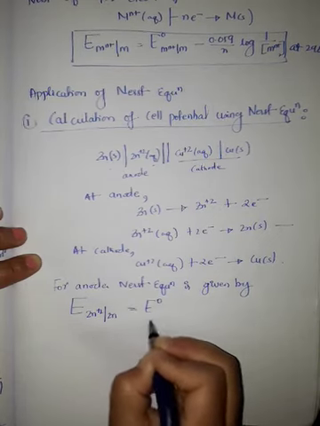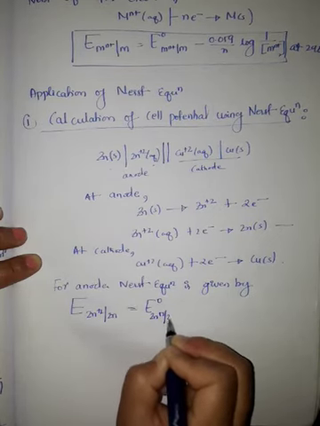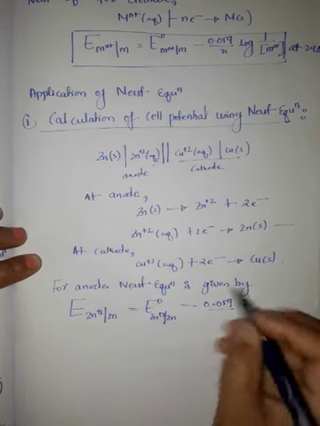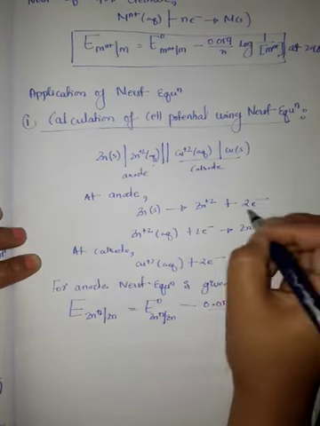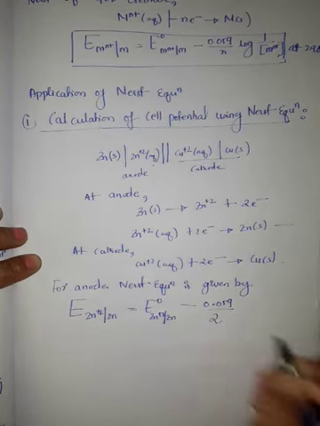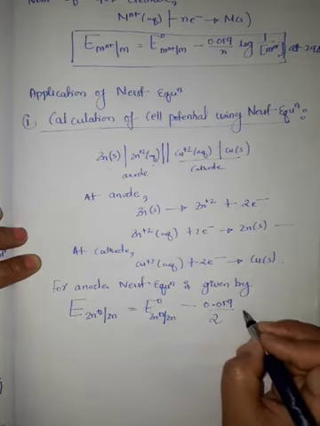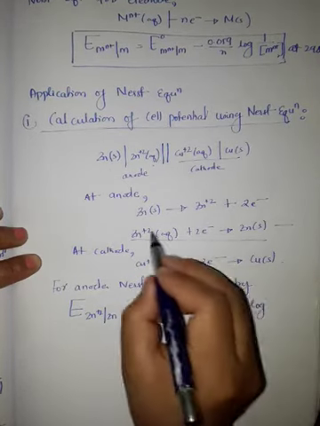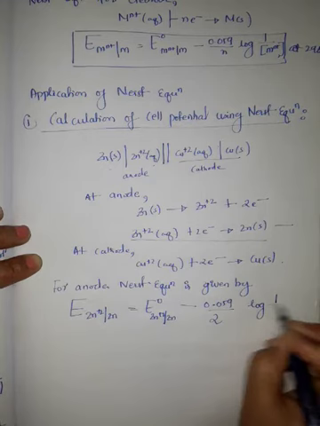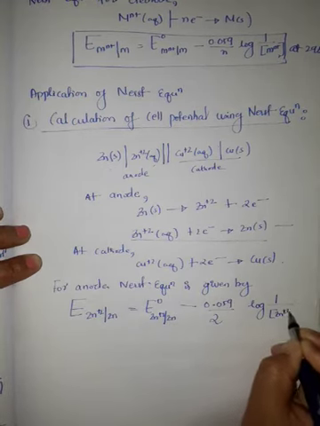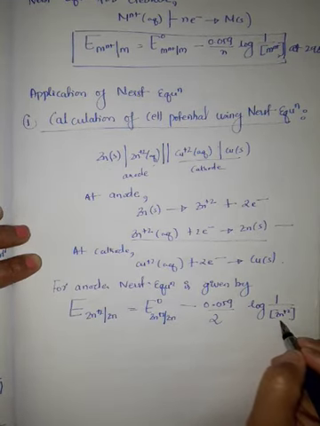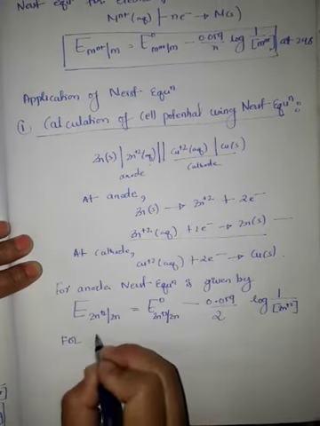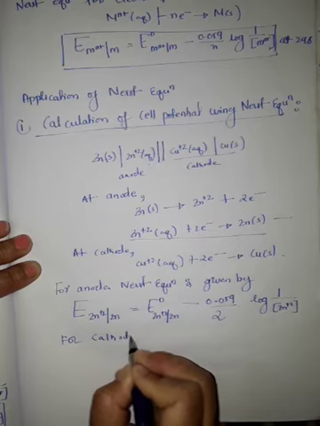The electrode potential is the standard electrode potential minus 0.059 divided by n, log of the concentration of the ion. Here the number of electrons gained by zinc ion is 2, and the concentration of the metal, zinc, is considered as 1. And what is the Nernst equation for the cathode?